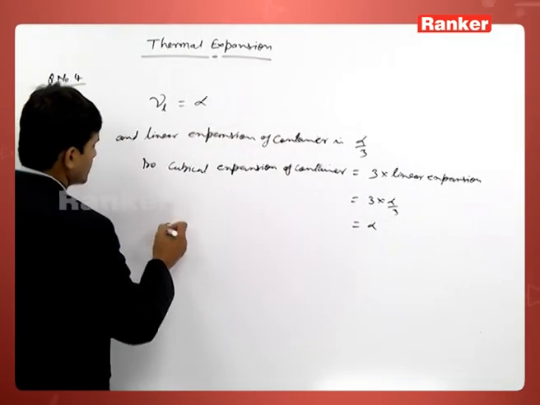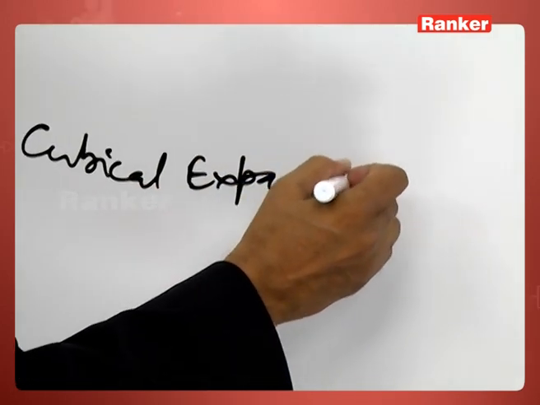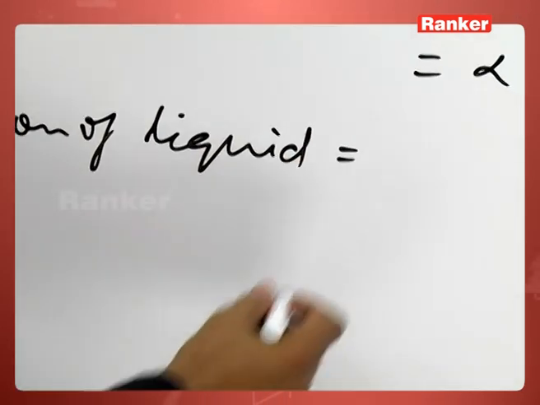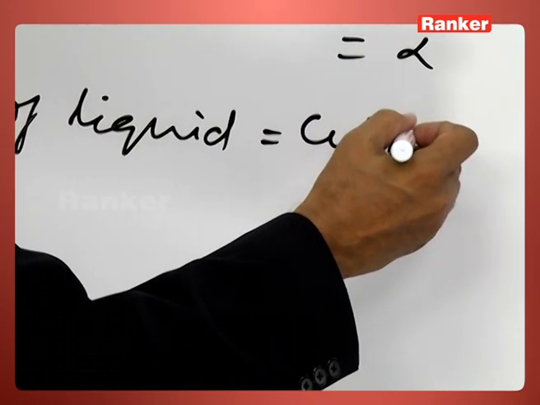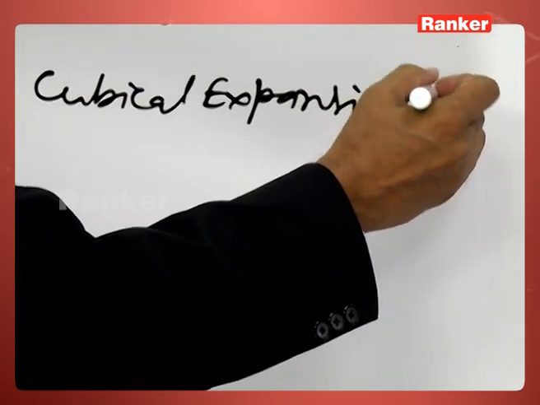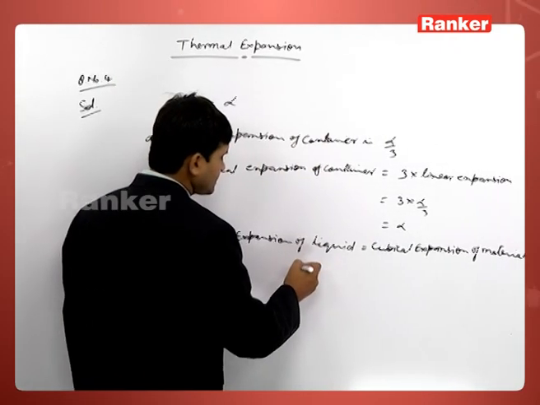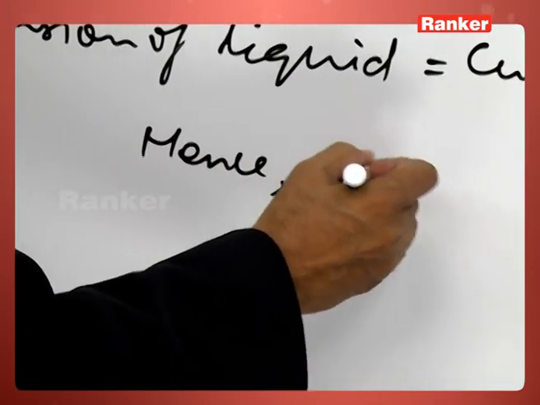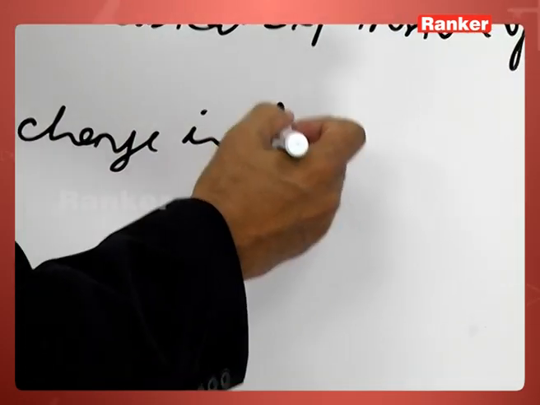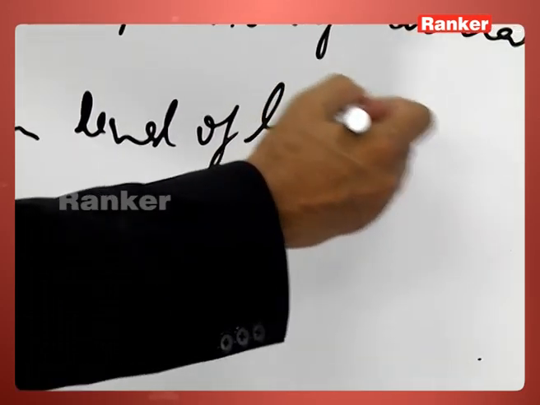So the cubical expansion of the liquid is equal to the cubical expansion of the container material. Hence there is no change in the level of liquid.